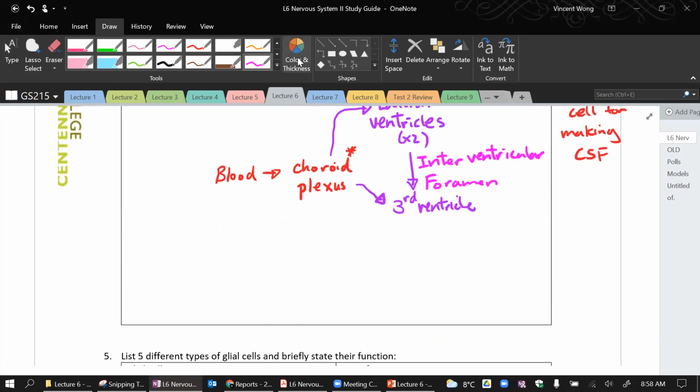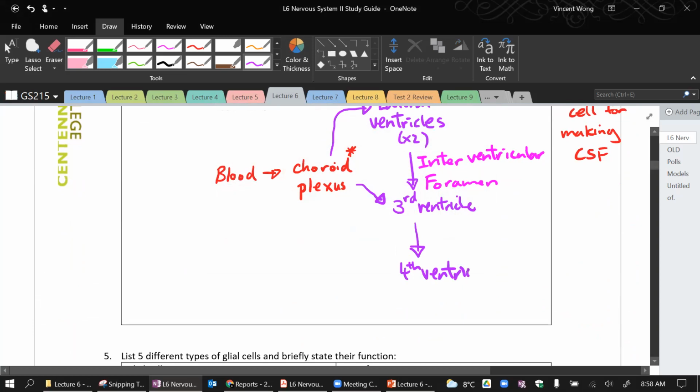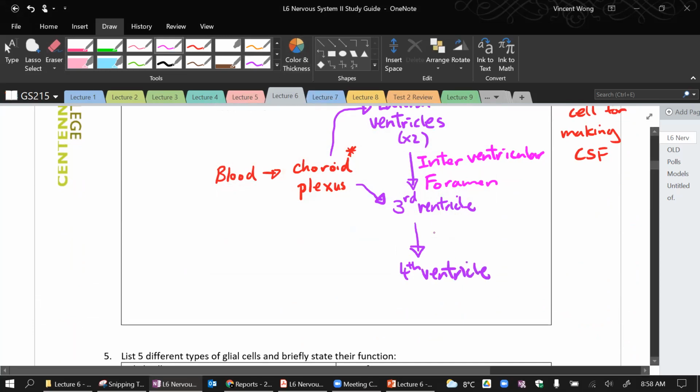So from the third ventricle, where are we going to go? We're going to go down to the fourth ventricle. And connecting the third and the fourth is the cerebral aqueduct. It's a weird name, but it goes there.